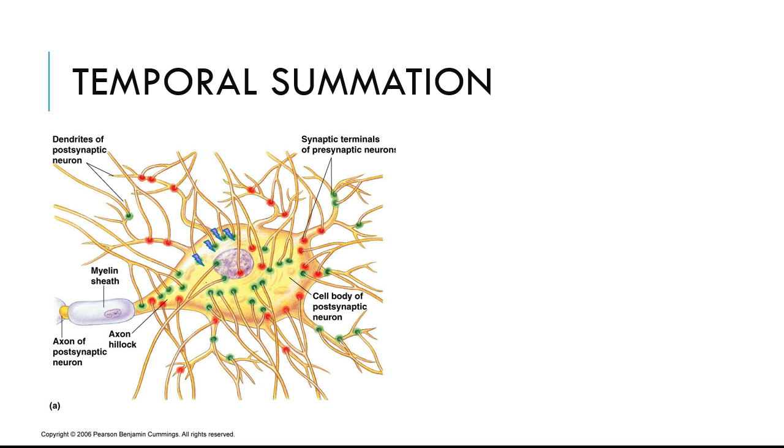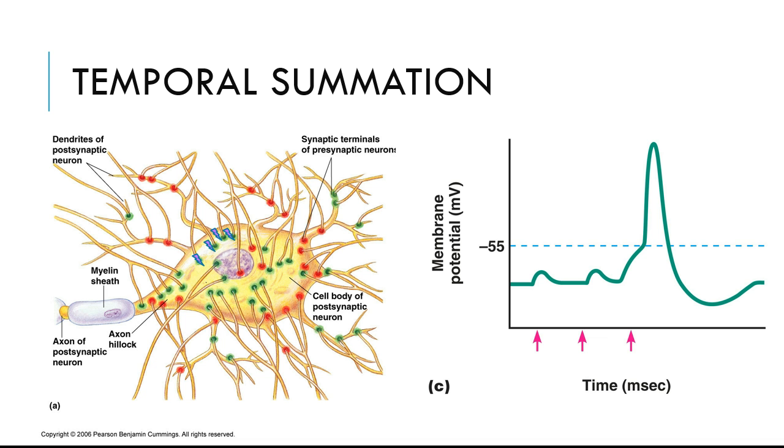Threshold and generate an action potential. So in temporal summation, the key is that a single presynaptic input releases neurotransmitter rapidly before the postsynaptic cell regains resting membrane potential. So it just continues to stair step up to its threshold.